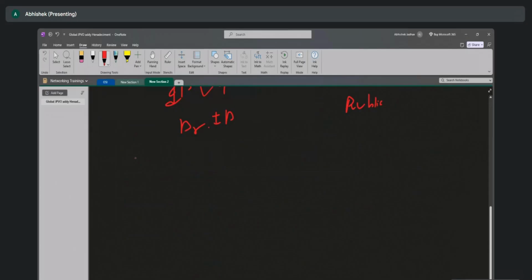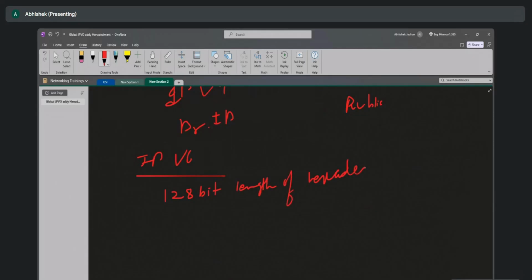So in brief, to understand IPv6, what you must understand is that it's a 128-bit length of hexadecimal notation, right?